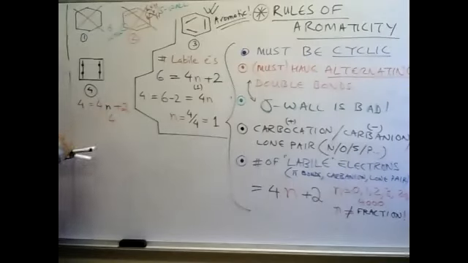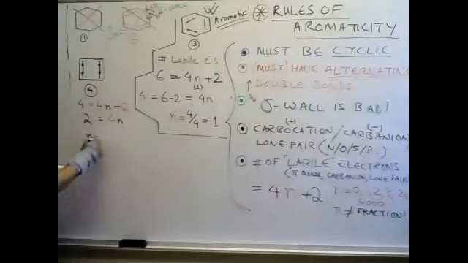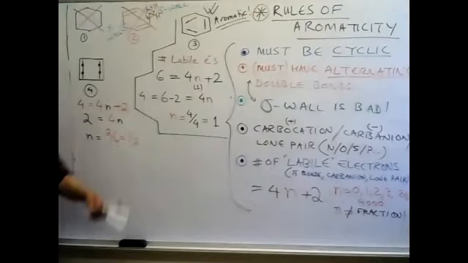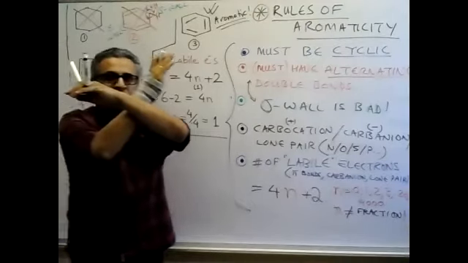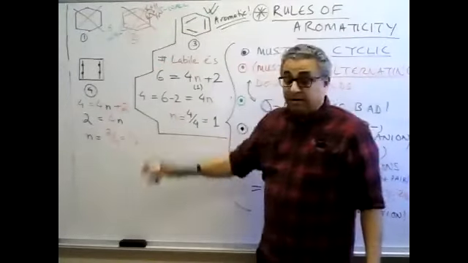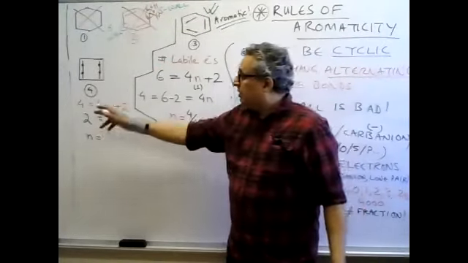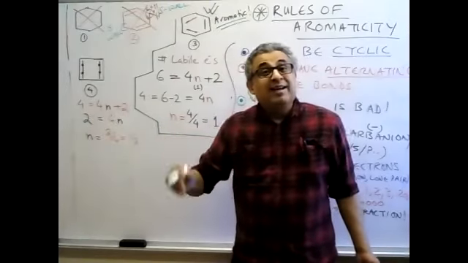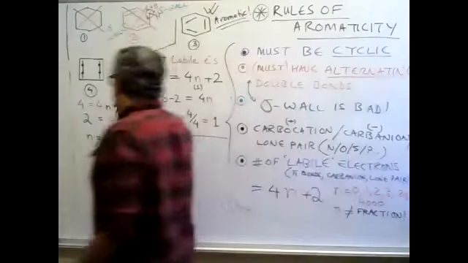Then 4n should be 2, then n becomes 2 by 4, which equals half. Bad news. So you can write 4 equal to 4n plus 2, provided n is half.